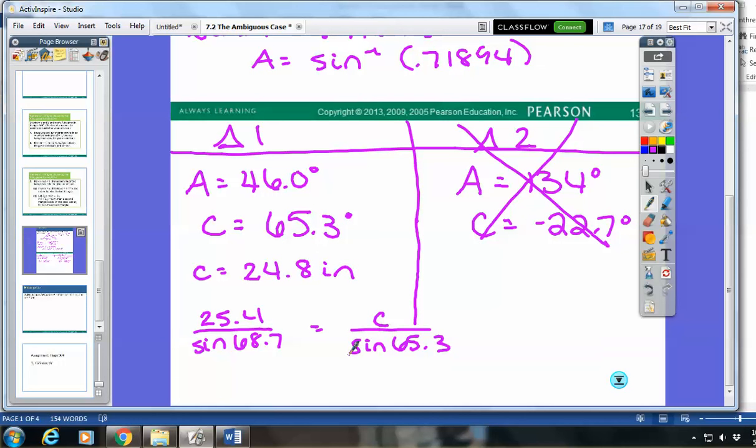That gives me 24.8 inches for my side. Could you have used A? Yes.